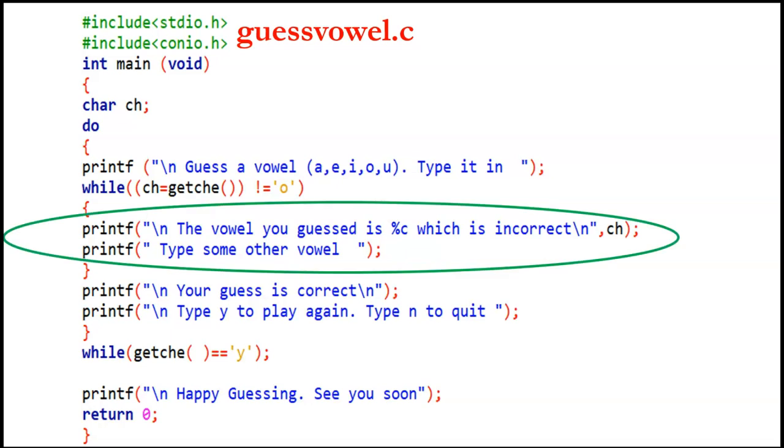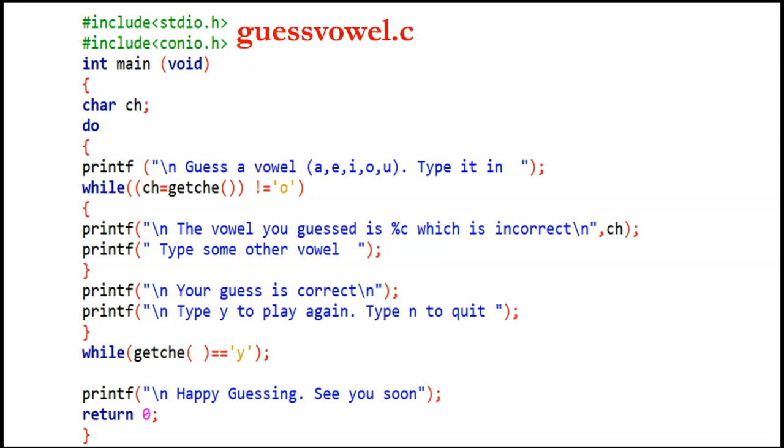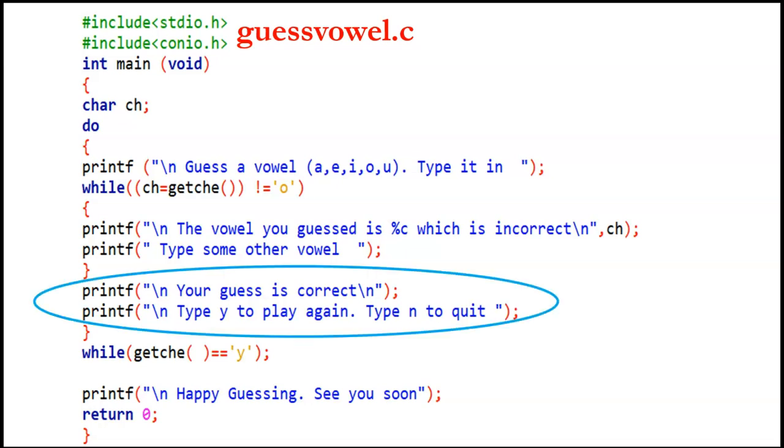So these are the two printf statements that constitute the body of the while loop. If the conditional expression ch not equal to o evaluates to true, which means the character typed by the user is a character other than o, then the body of the while loop, these two printf statements, will be executed. And if the conditional expression becomes false, then the statements that follow this while loop will be executed, which are these two printf statements.